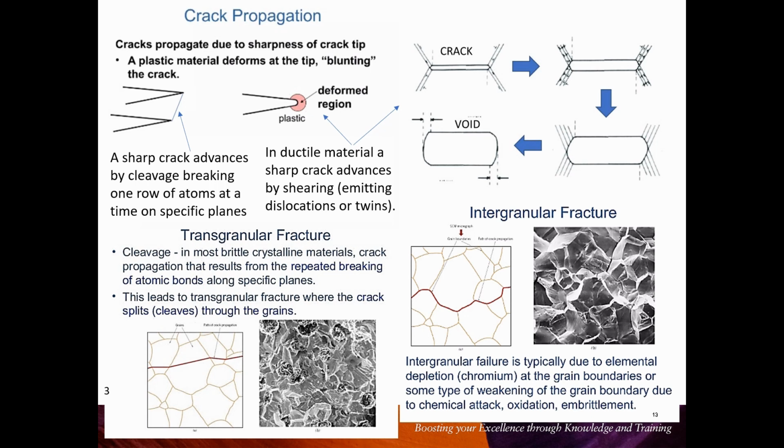Now, cracks do form where you have incompatibilities, where you have hard precipitates, or if you have stringers, material which doesn't dissolve or bond very well with the metal. So you can have parts of the material where you have some separation to begin with.